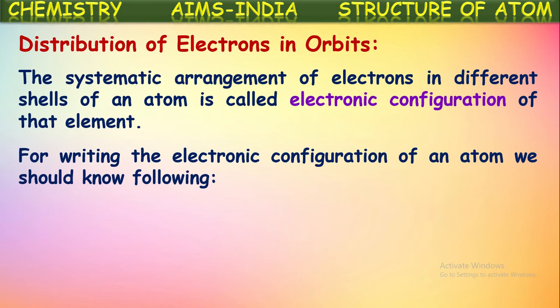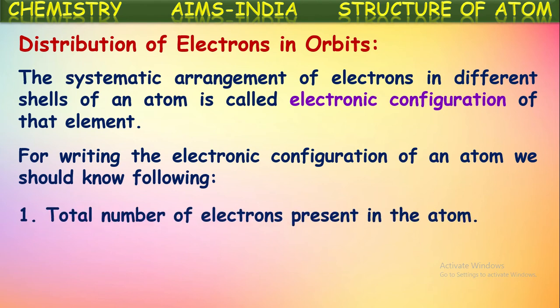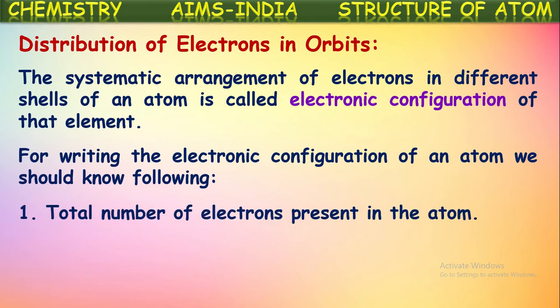For writing the electronic configuration of an atom, we must know the following things. If you know these points about that atom, we can understand how the electrons are arranged in that atom and write its electronic configuration. One of them is the total number of electrons present in that atom. This can be known from the atomic number of that element: the atomic number is equal to the number of protons, which is also equal to the number of electrons.